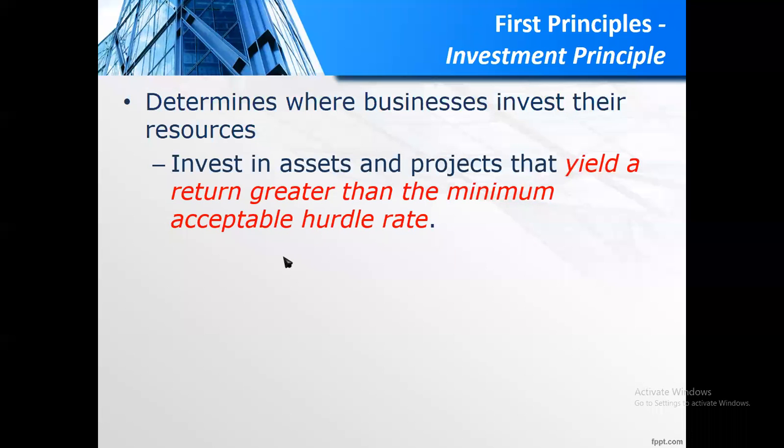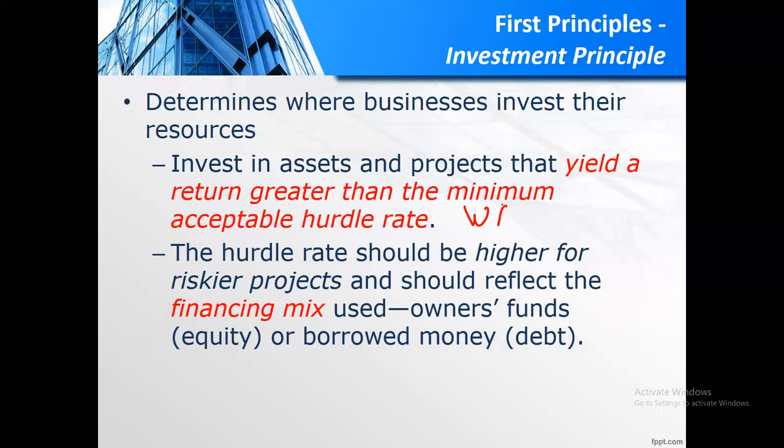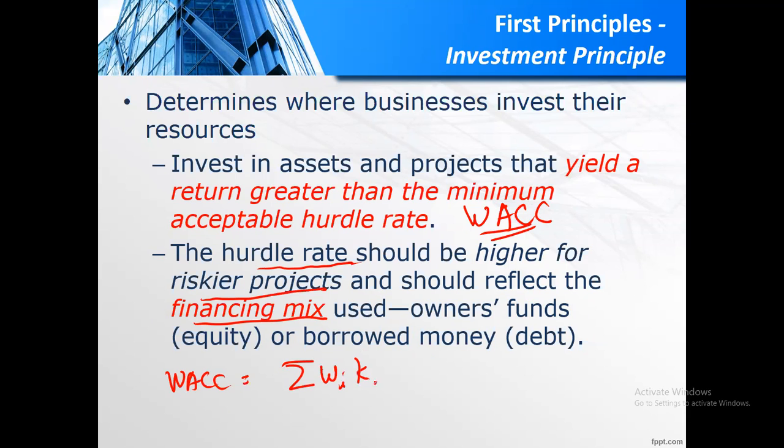Any project that the company invests in should have a return greater than the weighted average cost of capital. And the hurdle rate, okay, we'll explain this in a while, should be higher than the riskier projects, and should reflect the financing mix that's used.